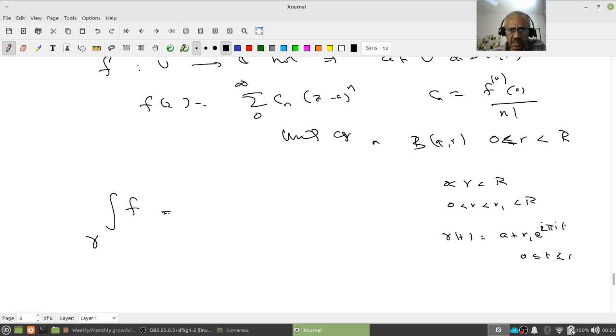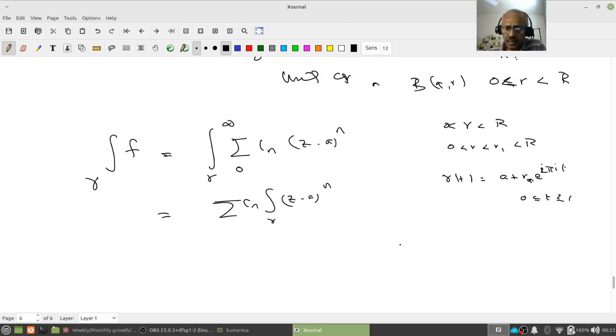Since this is uniformly convergent, I can think of this as the integral of the summation of c_n (z minus a)^n, n from 0 to infinity, over gamma. Because of uniform convergence, I can integrate each c_n (z minus a)^n over gamma. So let me say f of z divided by z minus a.